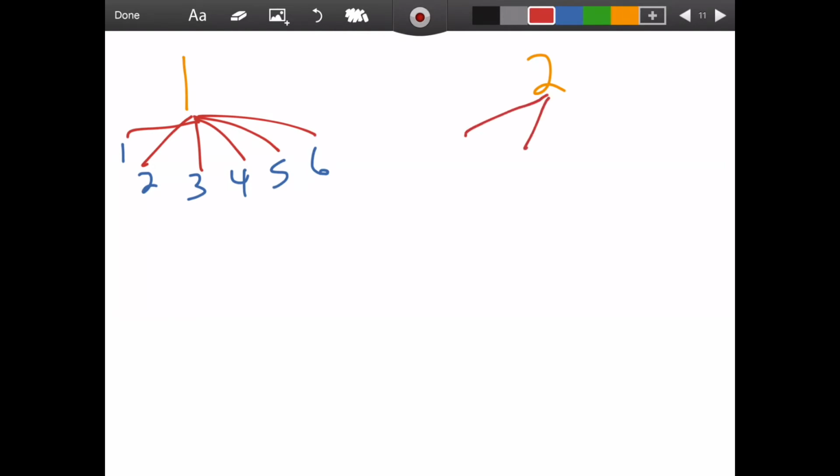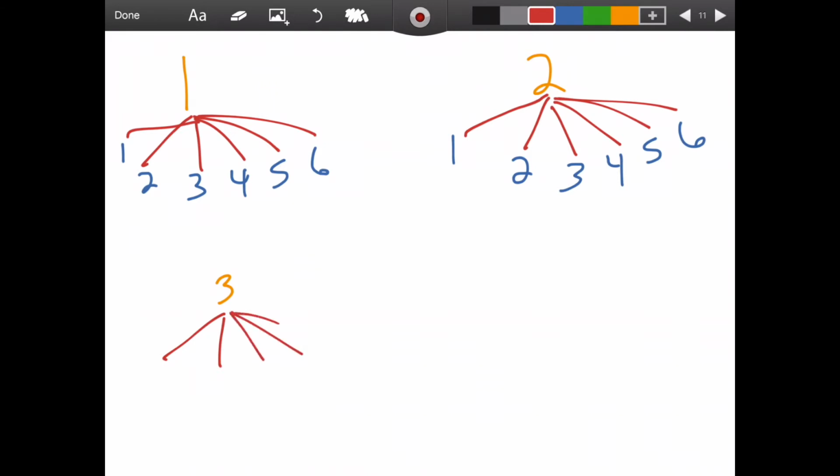The second one could again be a 1, 2, 3, 4, 5, or 6. Same thing with a 3. If the first die is a 3, the second die could be a 1, 2, 3, 4, 5, and 6. Now, you're going to notice that pattern continues with a 4.